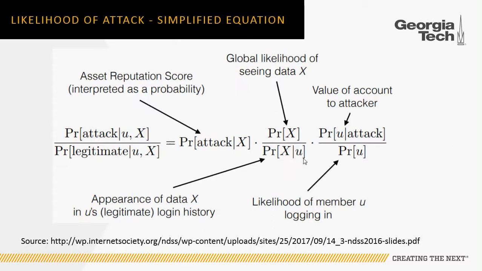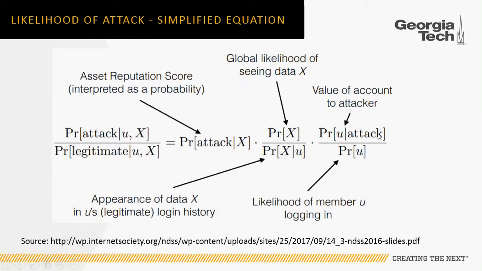And this bottom is the probability of seeing feature X in this particular user's history. If this probability is larger, it's a good sign. That means the user logs in from here quite frequently.